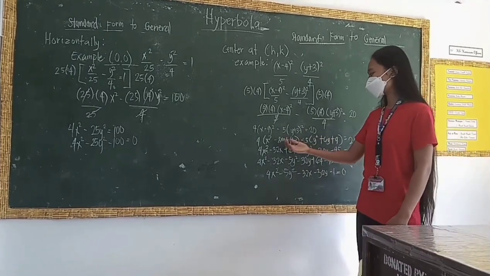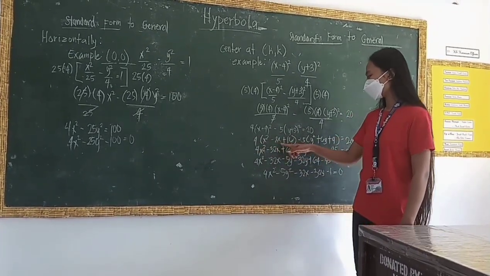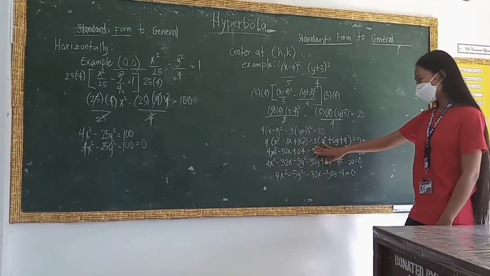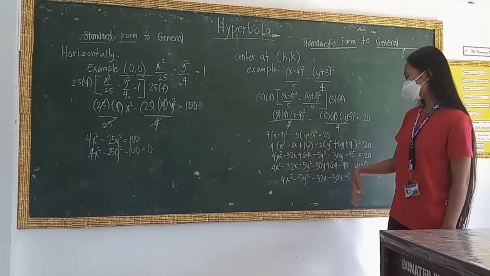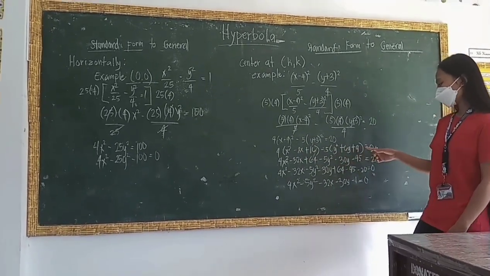And then we will expand that. So it will become 4 times x squared minus 8x plus 16 minus 5, because there is negative 5, times y squared plus 6y plus 9 is equal to 20.